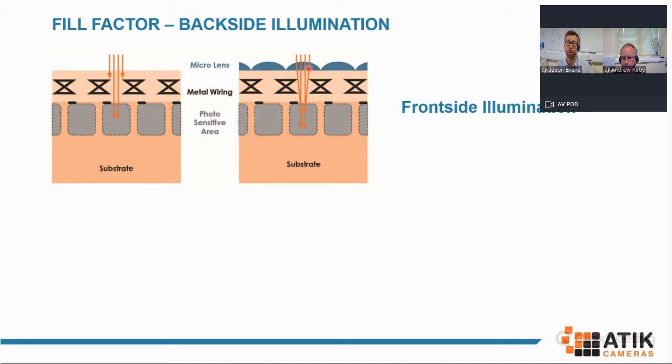Again, as demonstrated by the image, it's bringing it in, helping it to avoid any of those occluding factors to make sure as much light as possible reaches that key photosensitive area. These are utilized in a large proportion of modern CCD and CMOS sensors, and certainly in many of the cameras we produce.